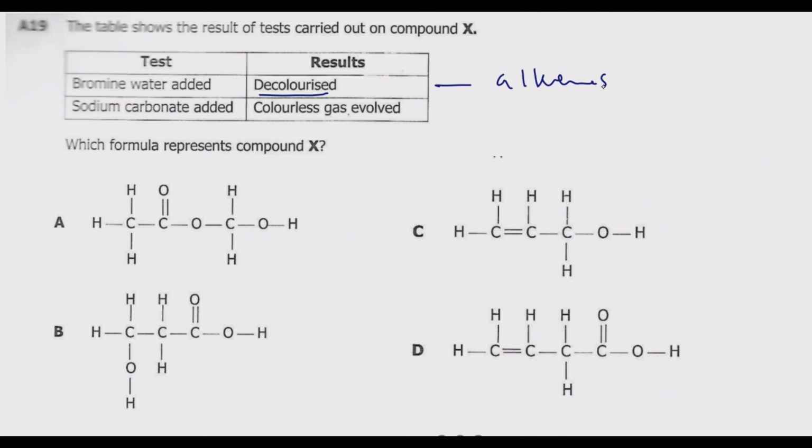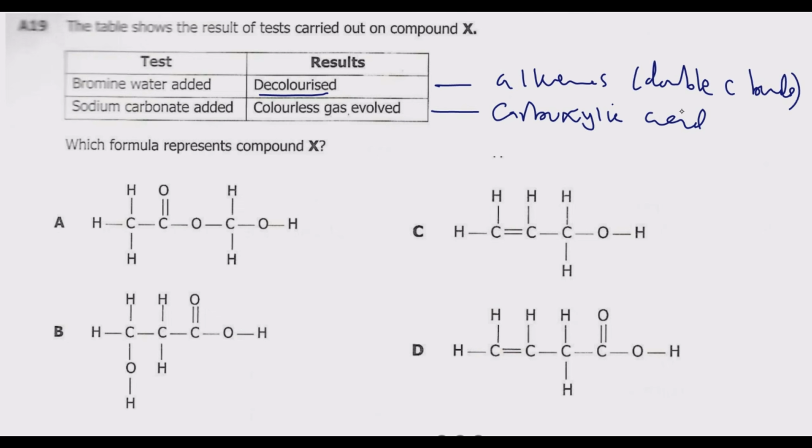Then the second test, sodium carbonate added, we get a colorless gas evolved. That colorless gas evolved is hydrogen or water, which can be steam. This is an indication that this is a carboxylic acid.